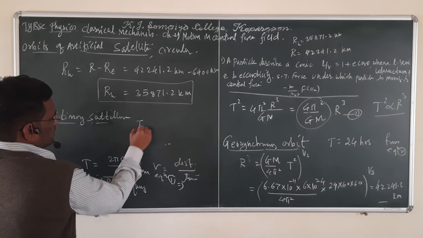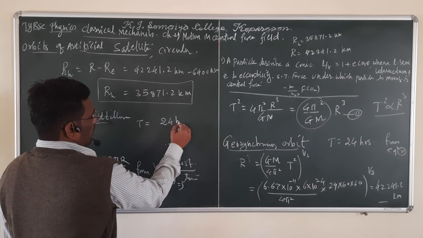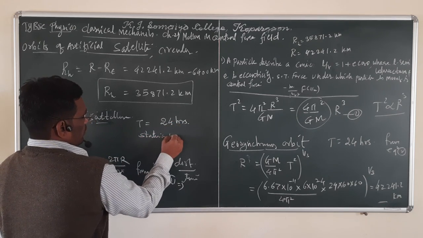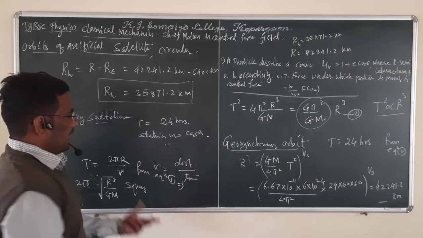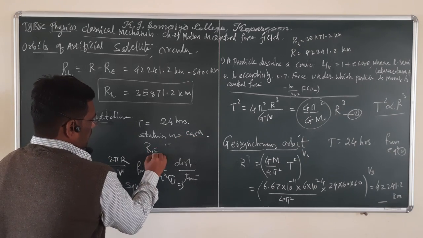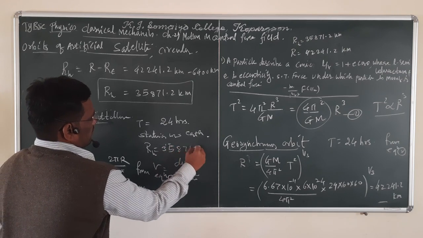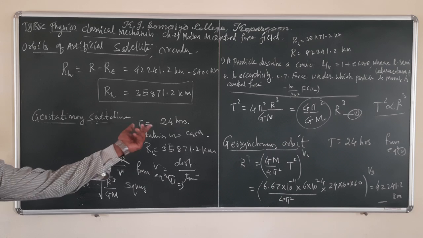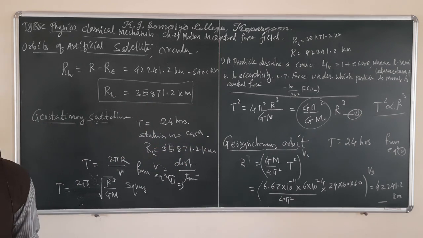A geostationary satellite has a periodic time of 24 hours, so it is stationary with respect to Earth, and its distance above Earth's surface is 35,871.2 kilometer. The satellites which are in geosynchronous orbits are known as geostationary satellites.